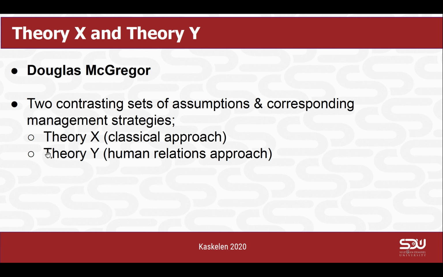And Theory Y corresponds to the human relations approach. So really, this is a different way to look at what these two approaches propose based on the assumptions about human behavior.